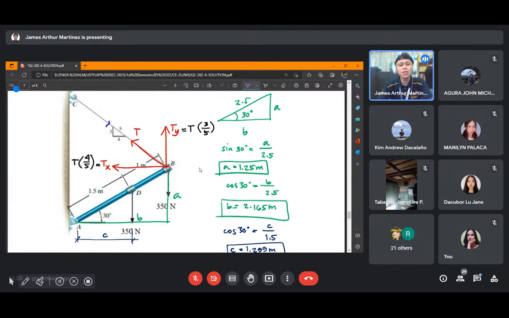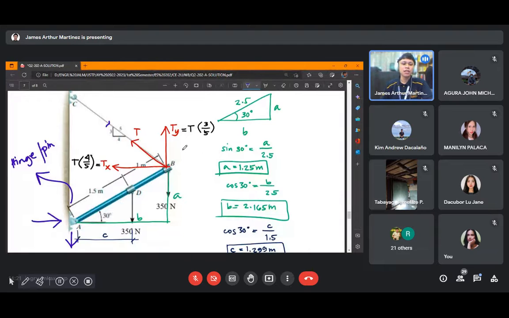Kung magkata diri, ma-expose ang reaction sa imuhang cable, so it will have tension. Tensile. So, sige. Again, T ang gipangita sa problem. And take note, that this is a hinge support or pin support, right? So kabalata nga na siya duha ka reaction.